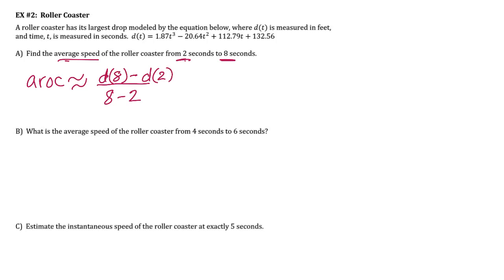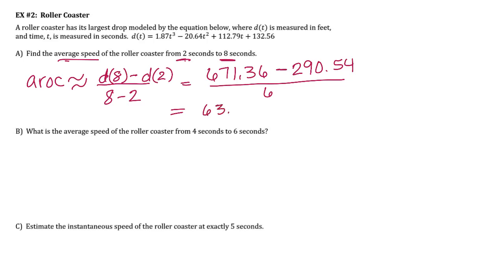So D at 8, I got 671.36, minus D at 2, I got 290.54. And all of that is over 6. And so, rounding this out, you've got 63.47. And what would be our units here? What was the distance measured in?